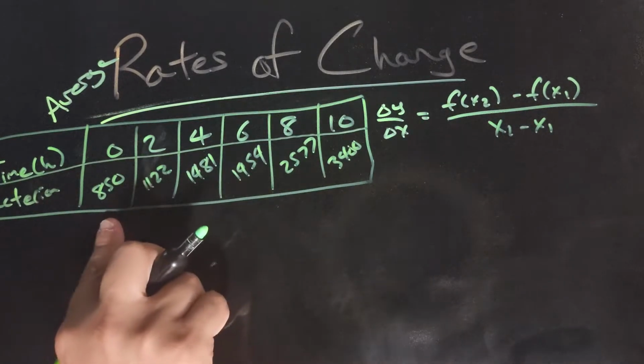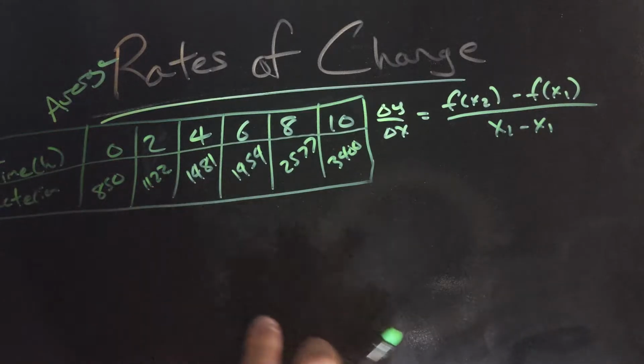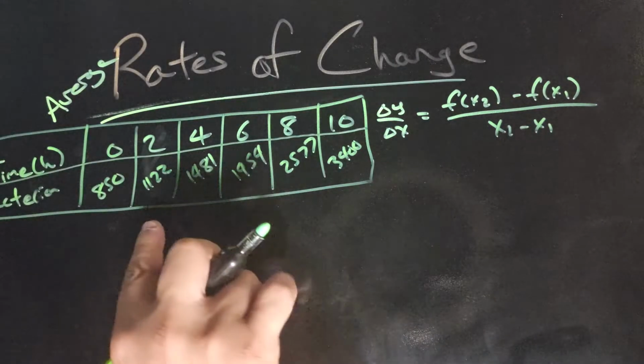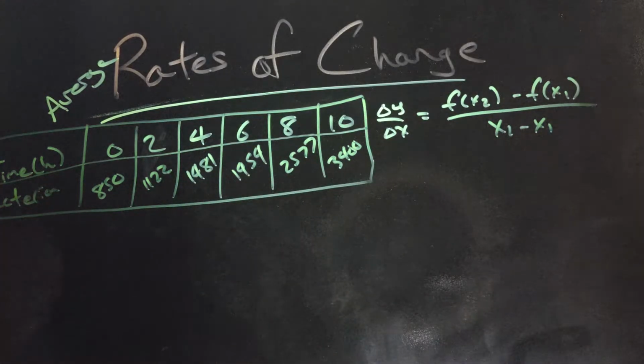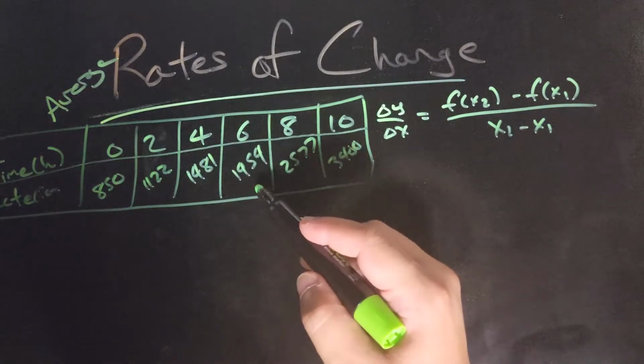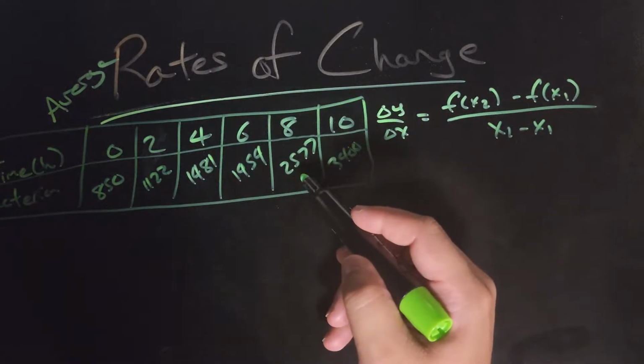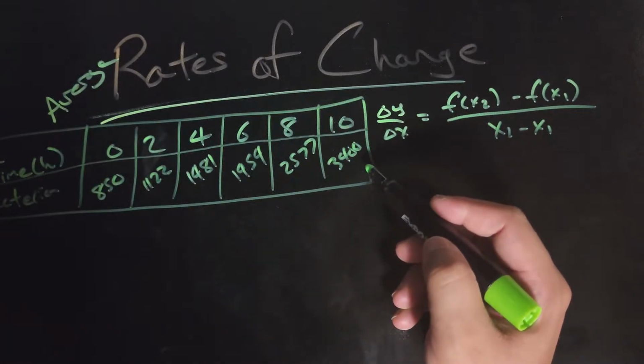Now we see at 0 hours we start off with 850, and then we have 1122, and then 1481, then 1954, 2577, and 3400.